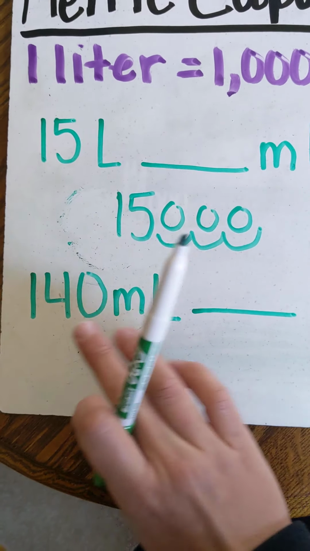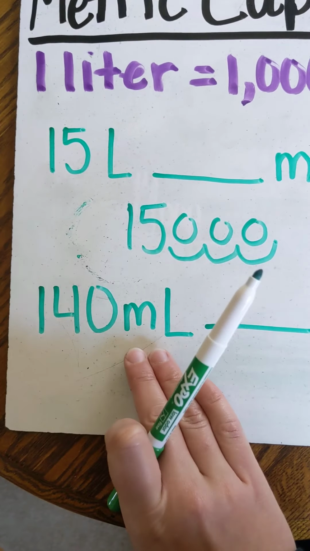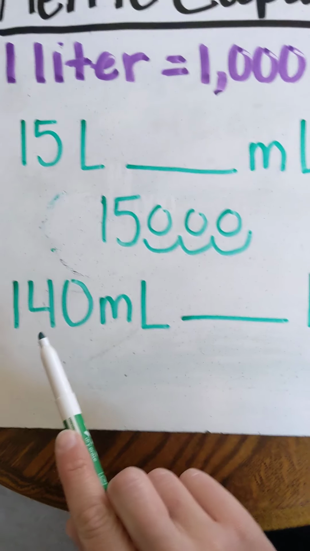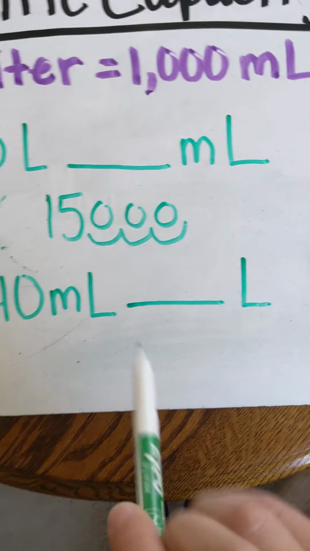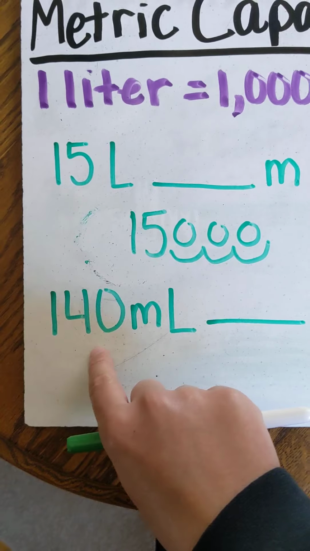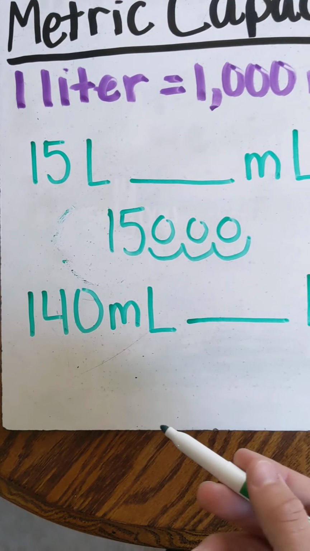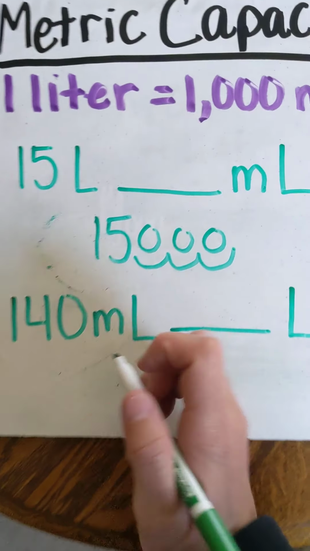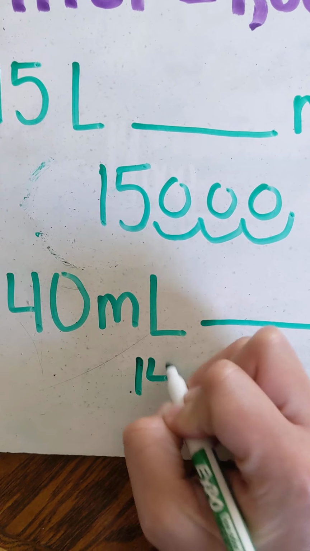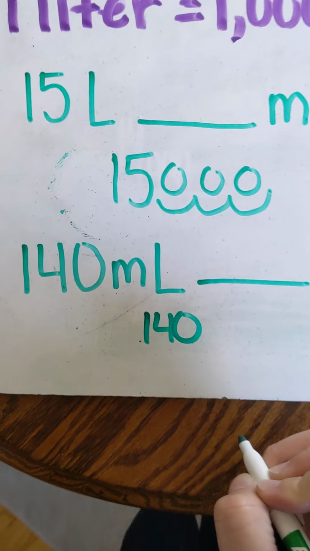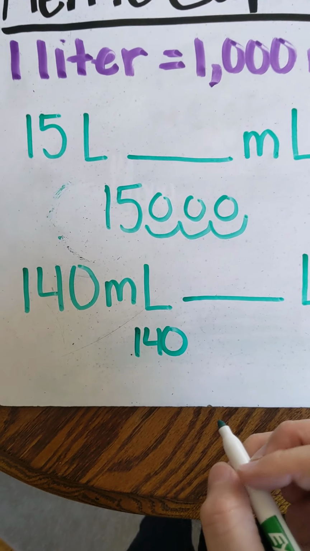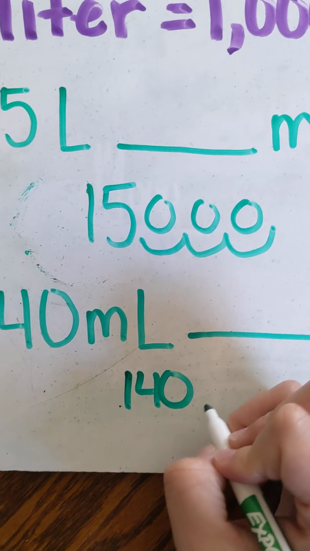This question is the opposite. We're going from the smaller measurement, milliliters, to liters, which is the bigger one. So if you had 140 milliliters, how many liters is that? We could divide it out, but we don't even have to do that. All you have to do is move your decimal point 3 places to the left. So remember, it's always here.